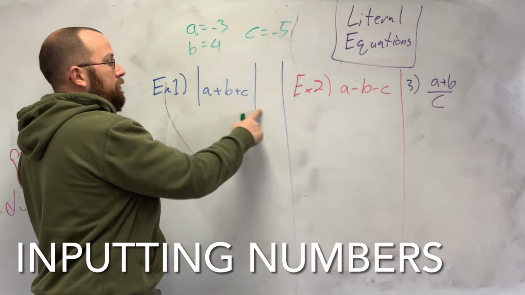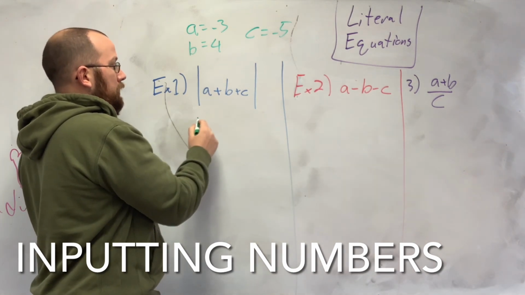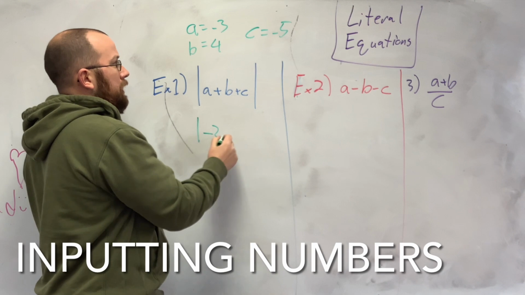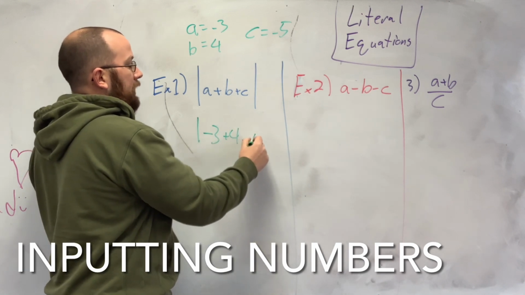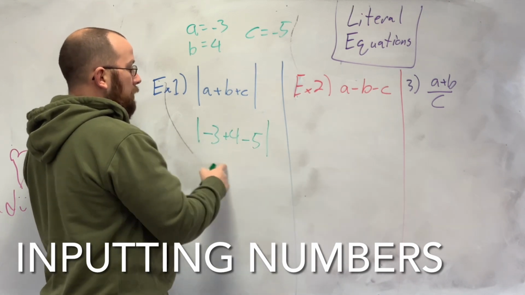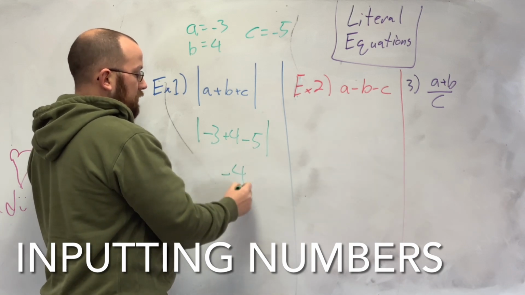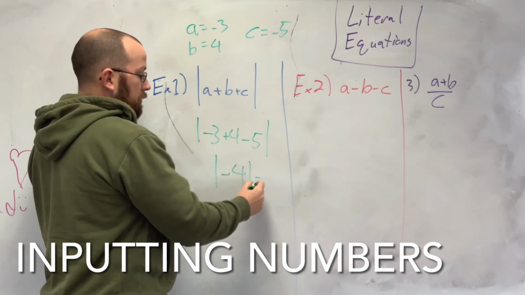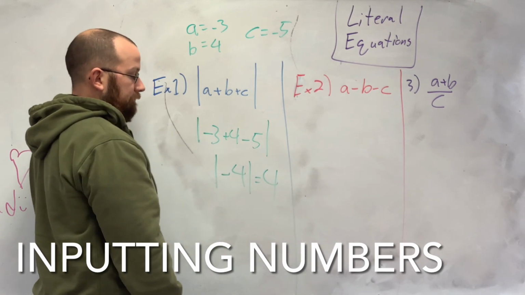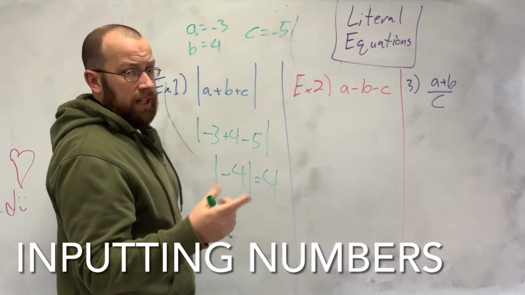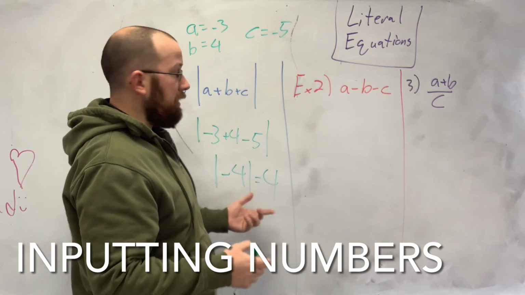This is an absolute value, these two bars right here. So the absolute value of -3 plus 4 minus 5. Combine them all, get -4, which is just 4, because absolute value changes every negative into positive. So any answer in absolute value is always going to be positive.